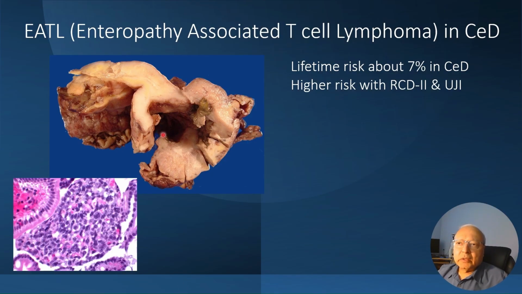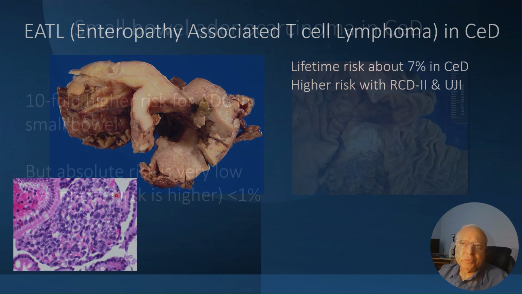So here is a segment of small bowel showing the lymphoma infiltrate that looks like a rubbery gray-white firm mass on cut surface. And histologically, you will see very atypical appearing lymphoid cells infiltrating the tissue.